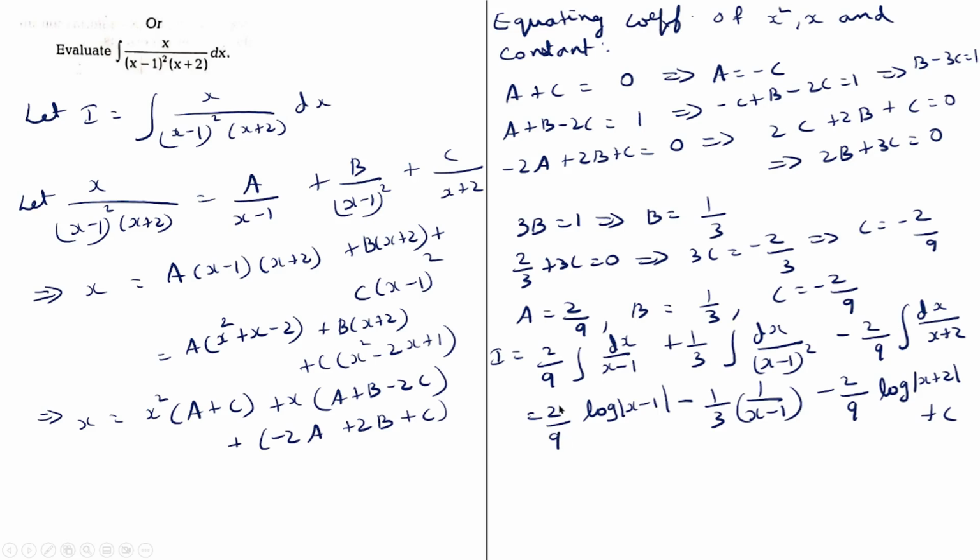Since here we have 2 by 9 common, so this is 2 by 9 into log a minus log b, it is log a by b. 2 by 9 into log mod x minus 1 upon x plus 2, minus 1 by 3 into 1 by x minus 1, plus c. So this is the integral of this function.